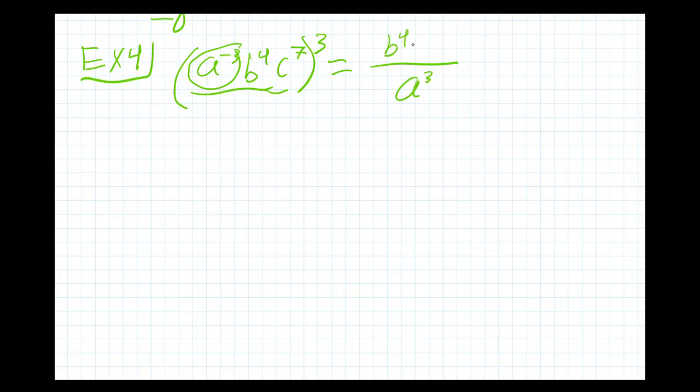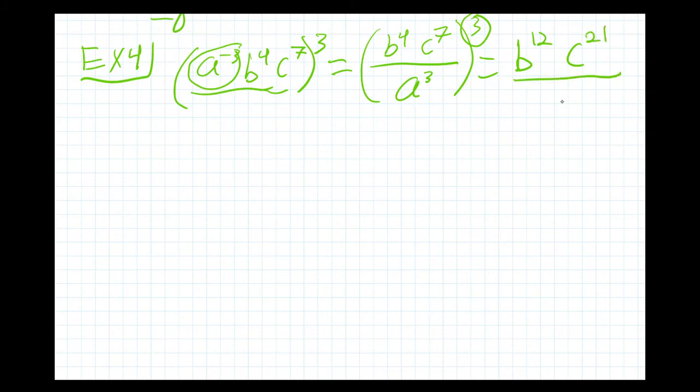And we still have b to the fourth times c to the seventh up there. And it is all getting raised to the third power, excuse me. Now with that, we then multiply all the exponents by a factor of 3. So we are getting b to the 12th, c to the 21st, all over a to the 9th.